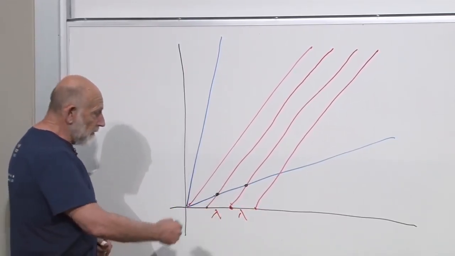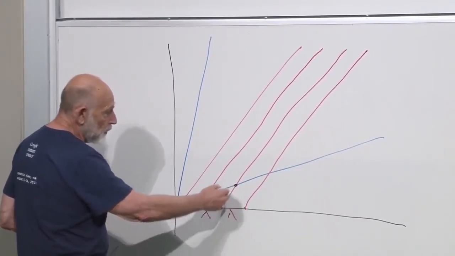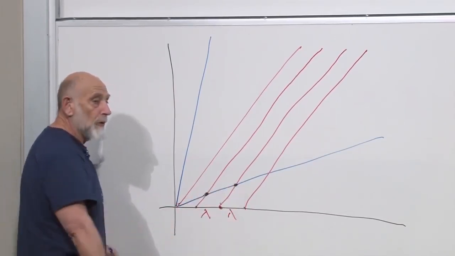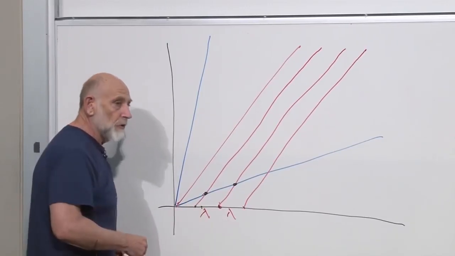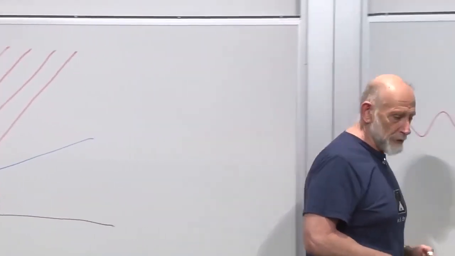So if you work out the Lorentz transformations and you look along here and ask what's the distance between these two points in your or my reference frame, and compare it with the distance along here, you'll find it different. And that would give you the Doppler shift.